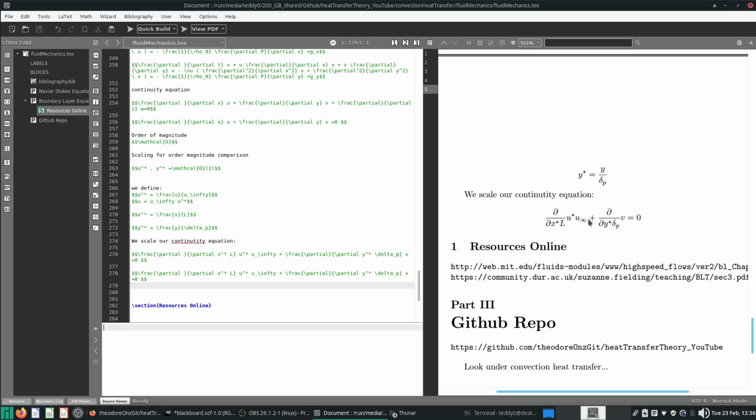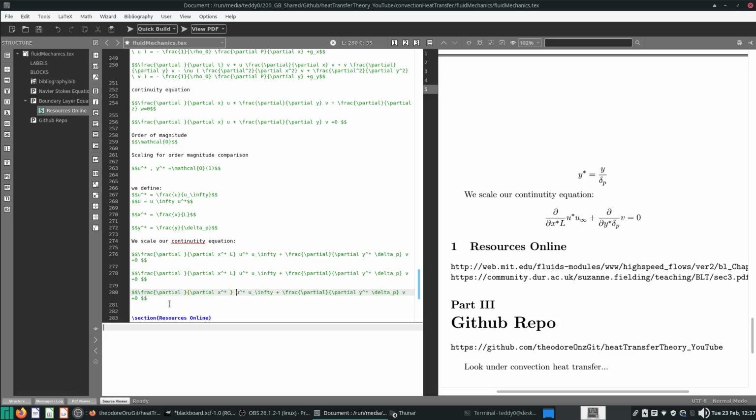U infinity, the free stream velocity, doesn't change with x either. And the momentum layer thickness, while it does change with x, doesn't change with y. So we can factorize that out as well.